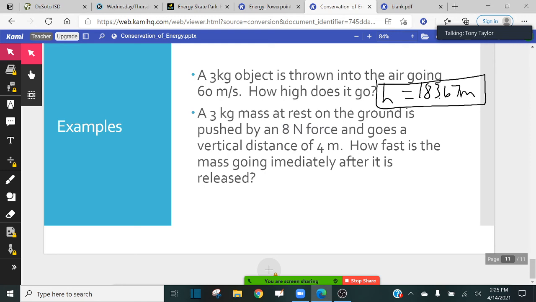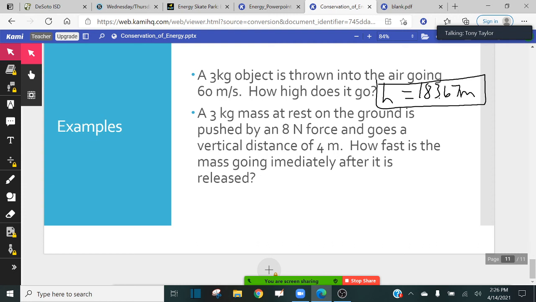So you kind of imagine you're taking a ball and pushing it upward, or throwing it upward. As long as you know that it has a 3-kilogram mass, and from the moment it was released from the hand it went a total distance of 4 meters, you can easily calculate how fast the mass was going after it was released.